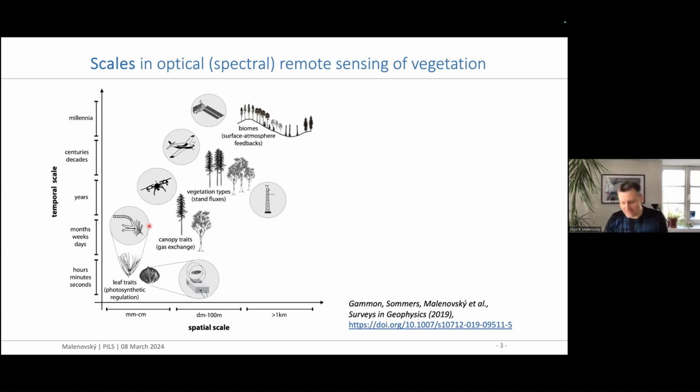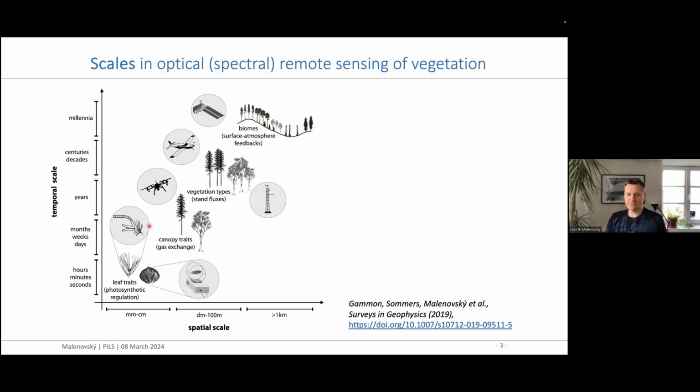Now, the leaf is a rational, logical starting point, but when we talk about optical remote sensing, the signal which we measure is actually formed inside of the leaves.